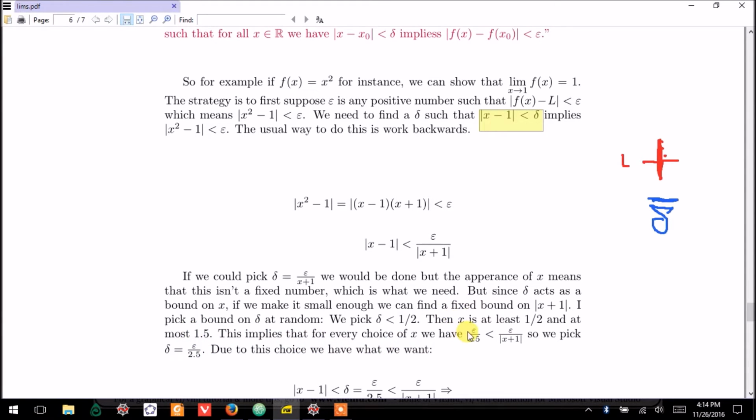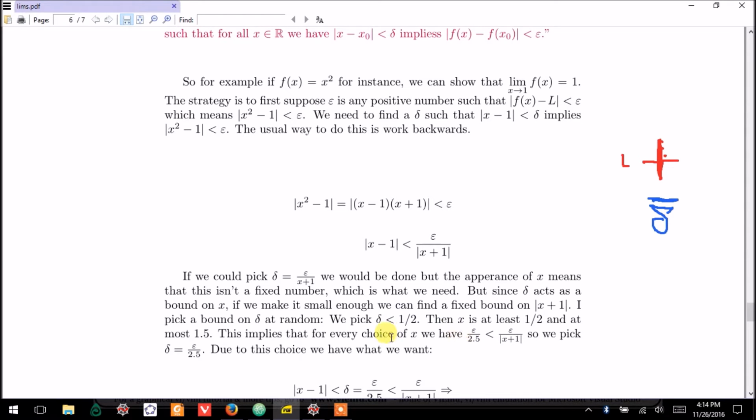And the very valuable thing about that is that therefore absolute x plus 1 is between 3 halves and 5 halves, or between 1.5 and 2.5.